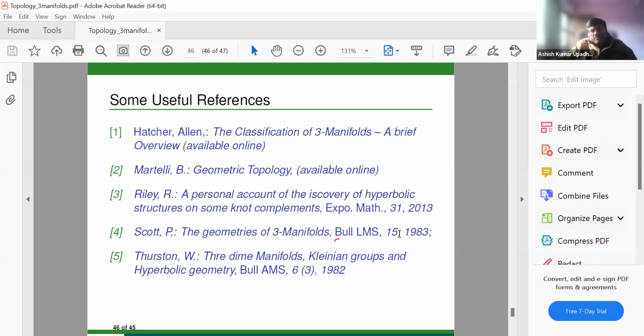This is in the Bulletin of the London Mathematical Society. And Thurston's own survey paper, Three-dimensional manifolds, Kleinian groups and hyperbolic geometry, appeared in the Bulletin of the American Mathematical Society. These are very beautifully written, at least these three expository articles, and the book is a comprehensive treatment of geometry and topology in three dimensions, which one can always refer to whenever needed.